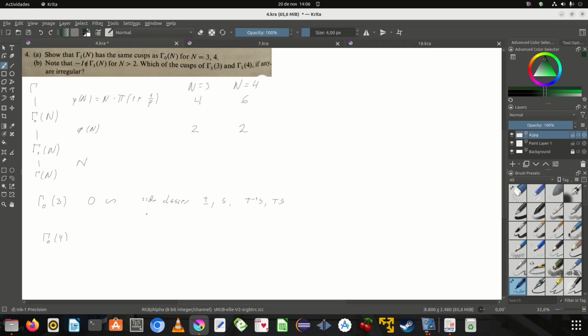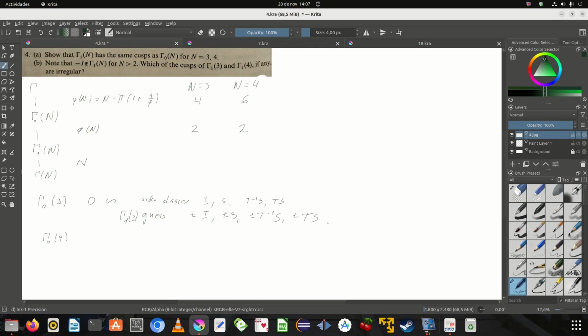So let's guess that the side classes of gamma 1 of 3 are plus minus all of those. I'll just put it into Mabel and check the 12 products and see that they don't lie in gamma naught of 3.